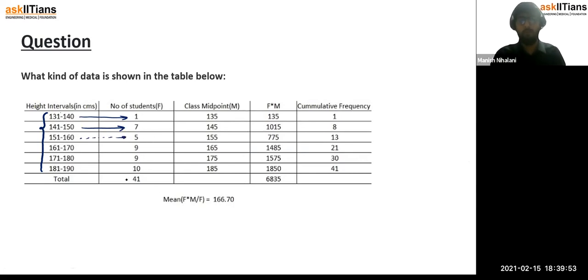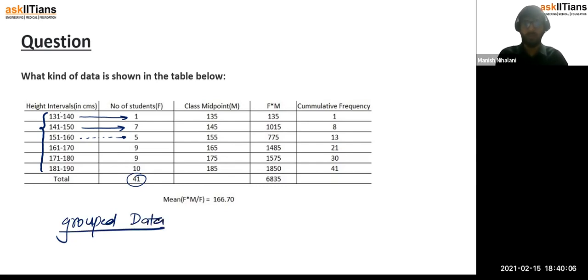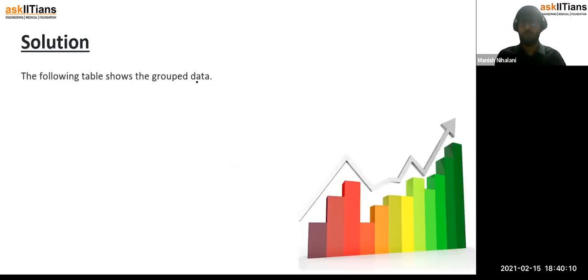Total there were 41 students. So we would definitely say that this is grouped data, right? This is not raw data, this is grouped data, because you are grouping the students, right? Correct. The following data shows grouped data.